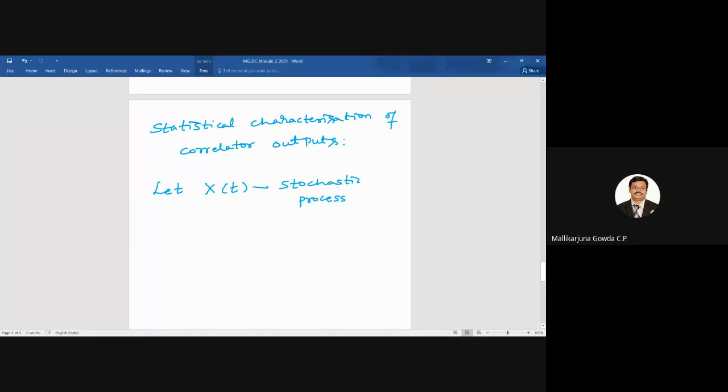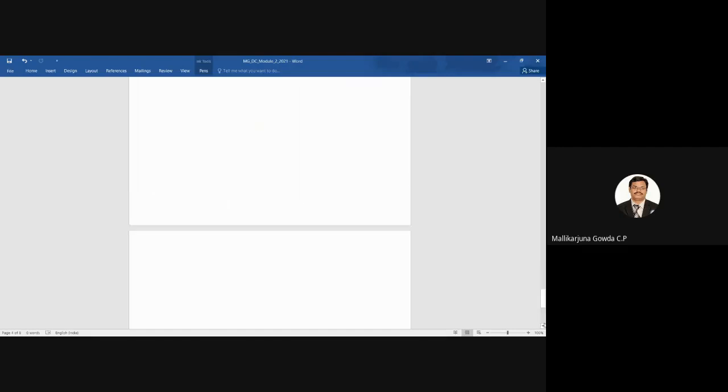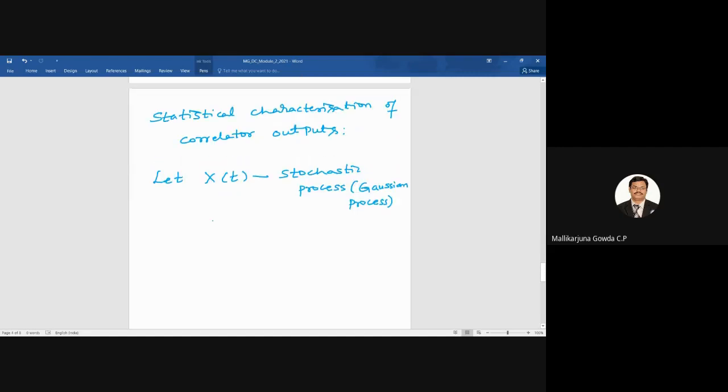It is also known as the Gaussian process. And usually I denote small x of t as a sample function.